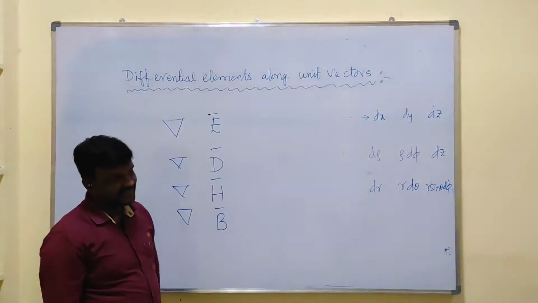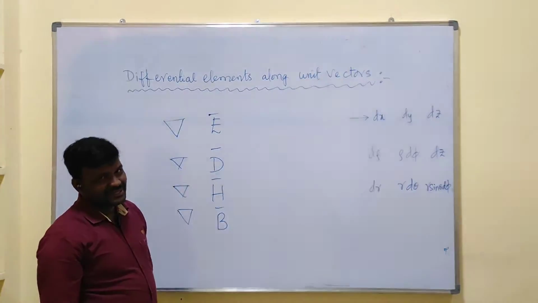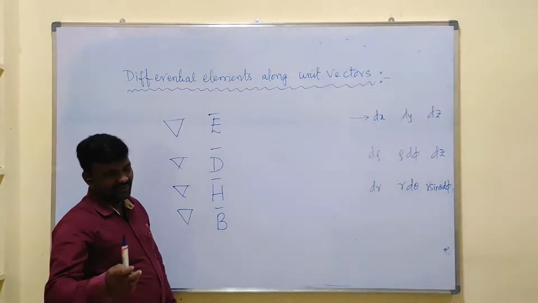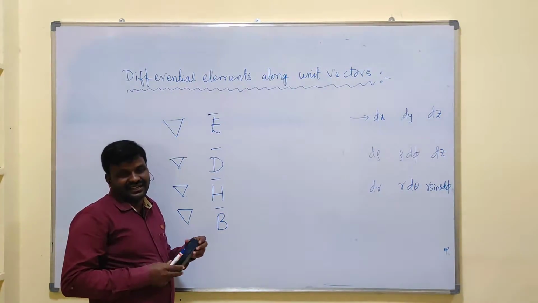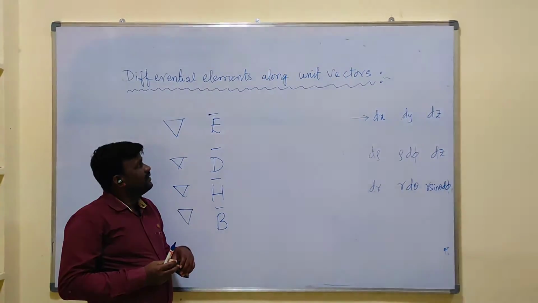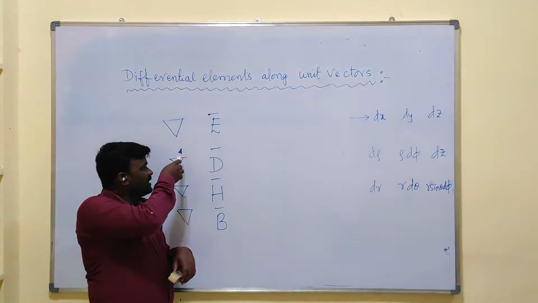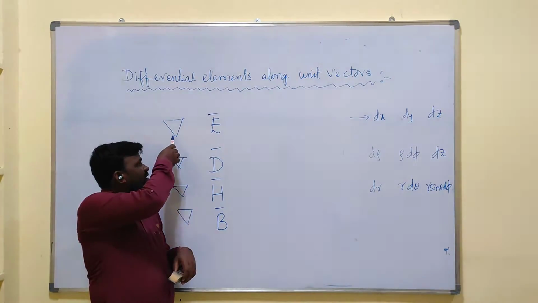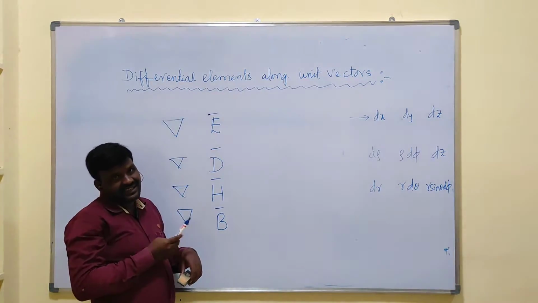My question is, in case of Maxwell's equations, in order to get them, what is the requirement of this del? Either we need to apply divergence or curl.